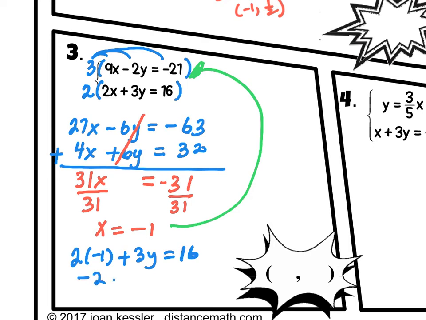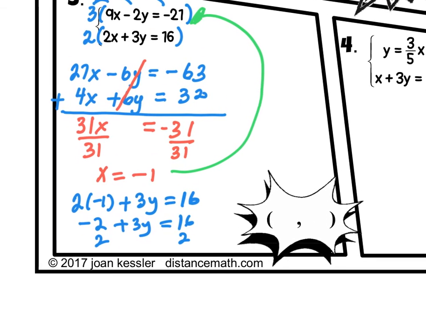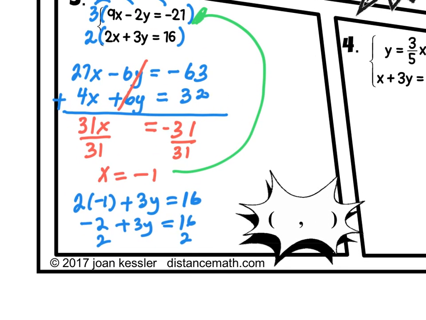So I have negative 2 plus 3y equals 16. I'm going to add 2 to both sides, and I'm running out of room. So I have 3y equals 18 divided by 3, so y equals 6. So the solution is negative 1, 6.